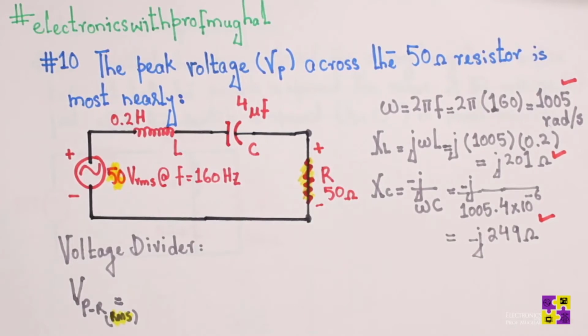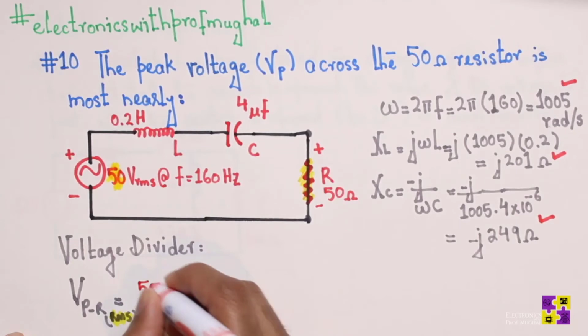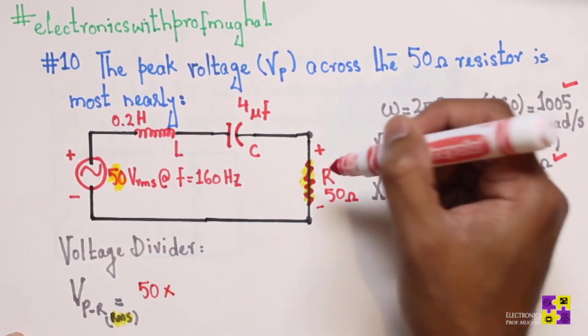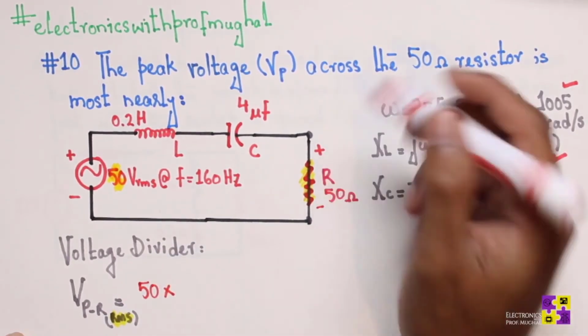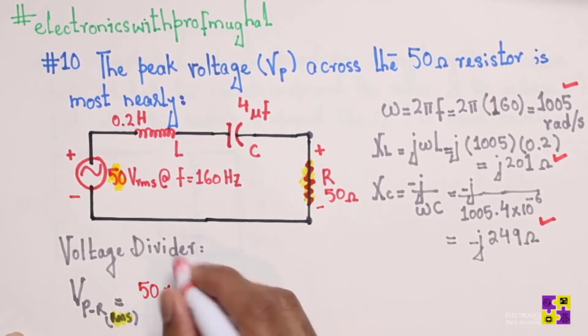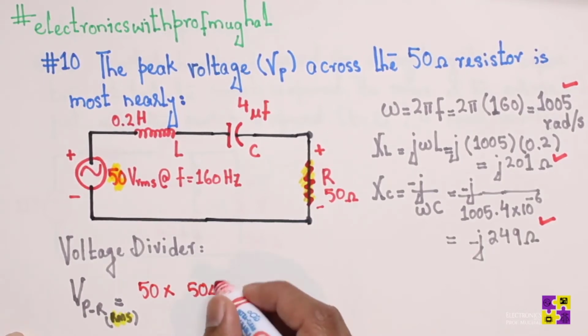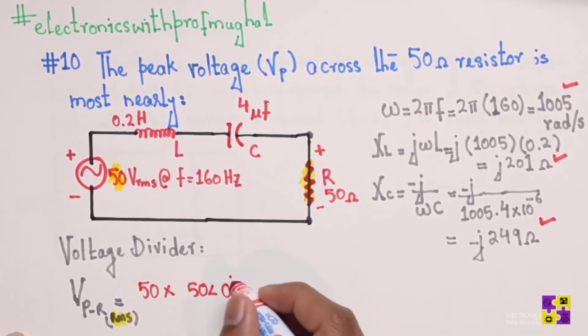So let's keep it in RMS, and later on we can convert that into peak voltage. So 50 here, which is the source voltage, times the resistance value here, which is 50 ohms. And the 50 volts I'm just going to put in polar format, 50 volts at 0 degrees.